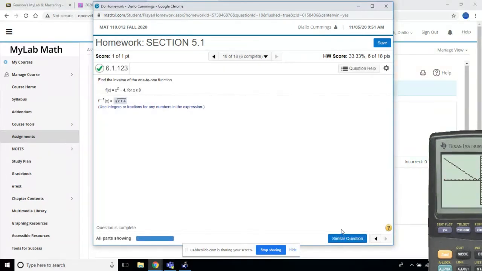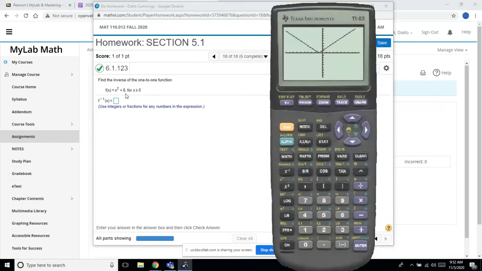All right, and I'm going to generate. So here we're actually finding the inverse of the one-to-one function. So this is sort of telling us that this is a one-to-one function for f of x is equal to x squared plus 8 for x is greater than or equal to 0.